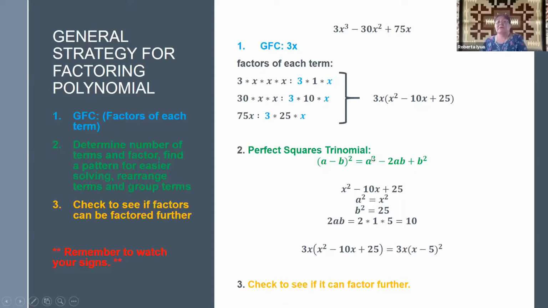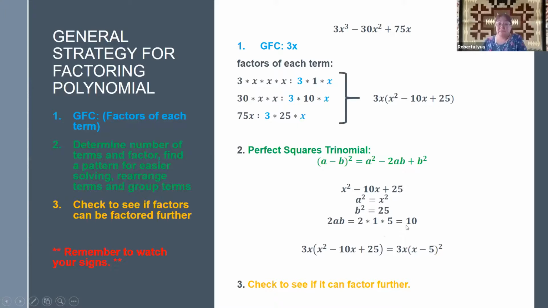So a squared minus 2ab plus b squared is what we're going after. So a squared is x squared. Your b squared is your 25. So your 2ab is going to be 2 times 1 times 5, which is equal to 10.